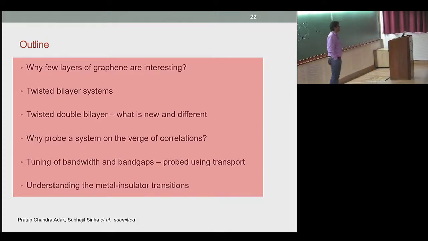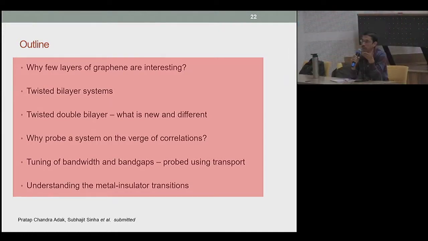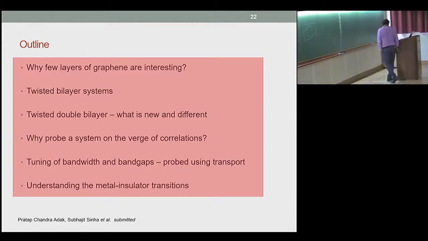Very nice talk. Why do I expect the bandwidth to increase with the electric field? Although for the individual layer, you said the band became more flat. When you open an individual band gap in a layer, it became flatter. But why do you expect the bandwidth to increase with the electric field? The honest answer is I don't have a simple intuitive picture for it.